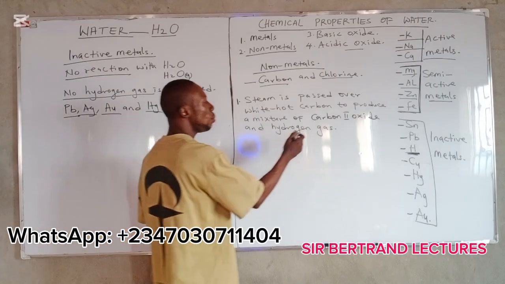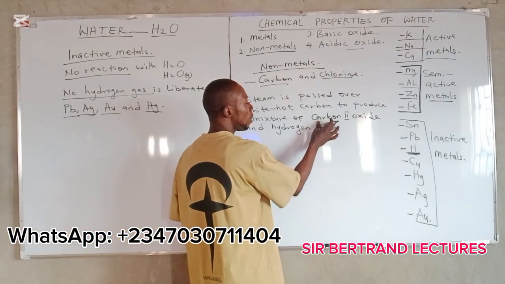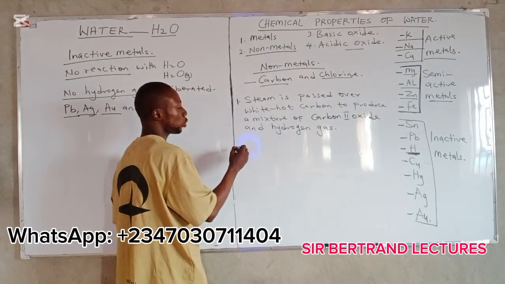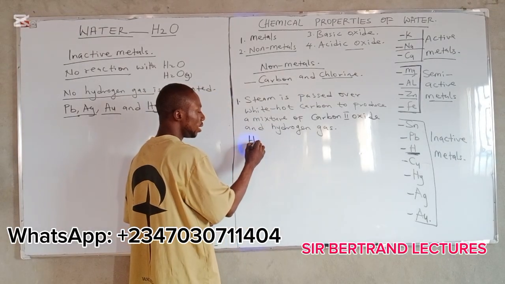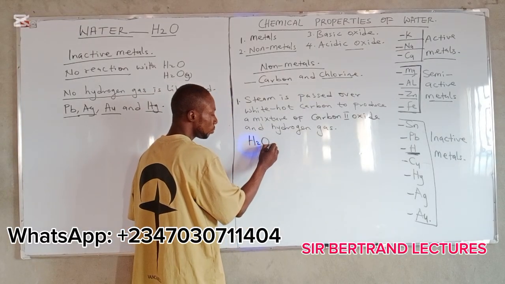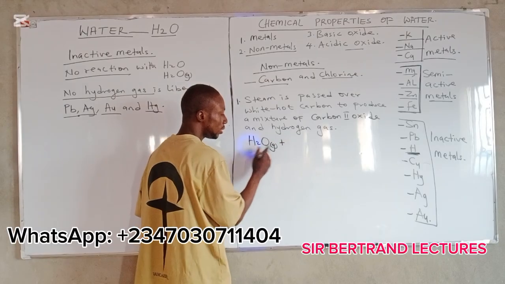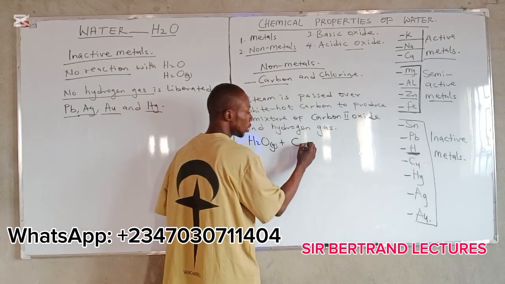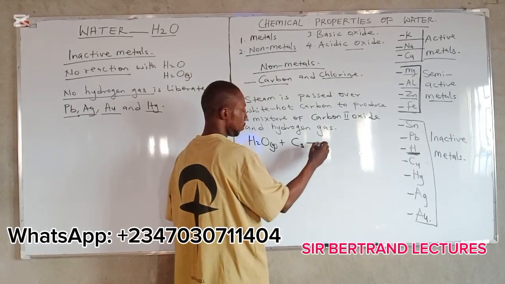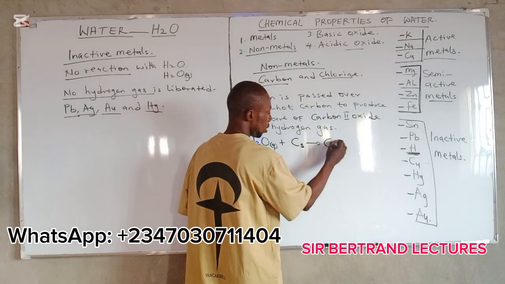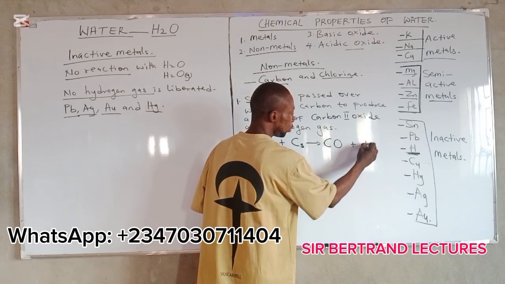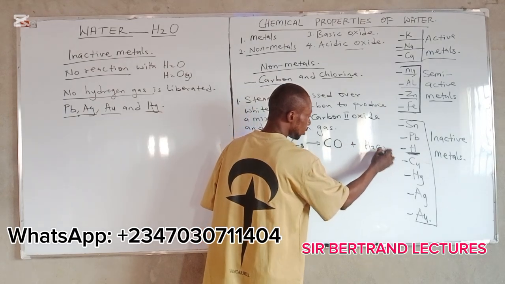Carbon monoxide is also known as carbon 2 oxide. Now let's look at the reaction. Look at the steam here. H2O, then gas. Because it's a steam, it's passed over carbon to give carbon monoxide, which is carbon 2 oxide, and to liberate hydrogen gas.